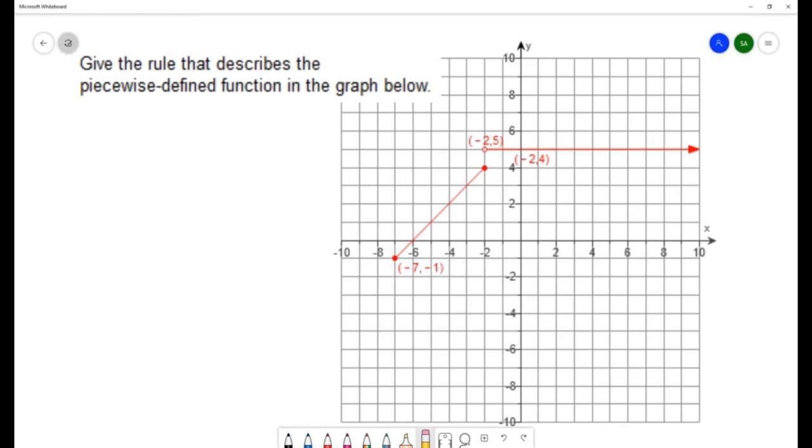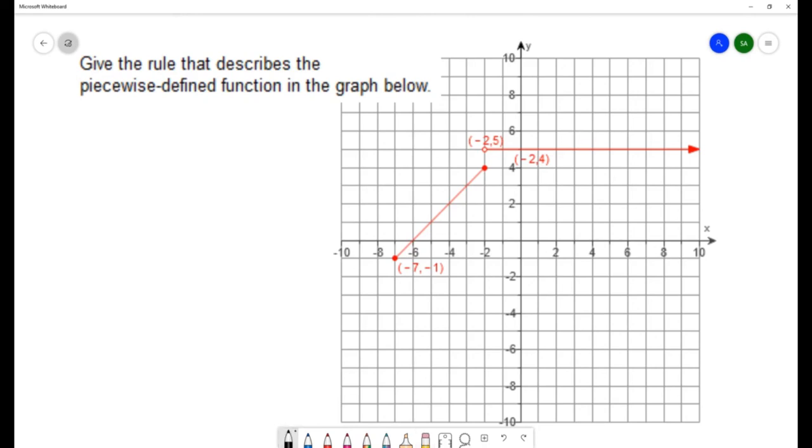For this example, we're given the graph of a piecewise defined function, and we want to give the rule that describes this piecewise defined function. So as I'm looking at this graph, I notice that I have two pieces of the graph that look very different to each other. So that means that I'm going to have two equations to represent this.